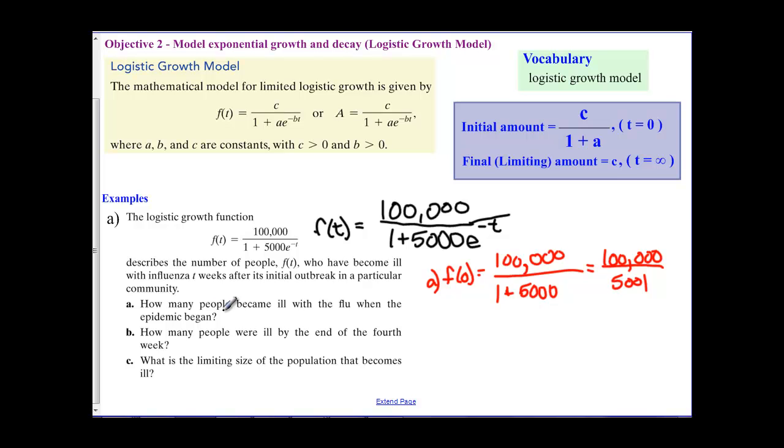Correct, because it's saying whenever it began, so the very beginning. Because it's not an epidemic if like 2 or 3 people are sick, right? Then that's just 2 or 3 people being sick. But once it gets to a large number, it gets classified as epidemic, and you can model its growth.